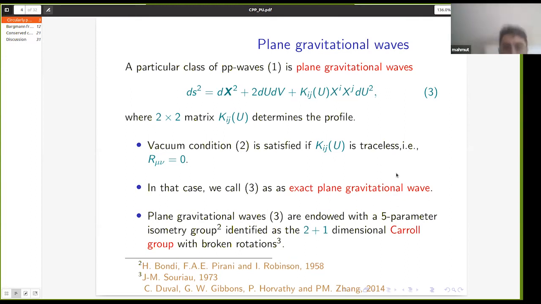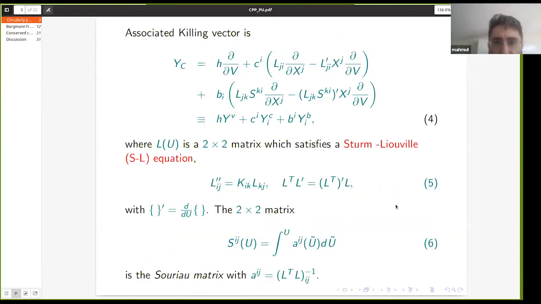The symmetry vector for any K_ij is this one. But this L matrix is K dependent, so for each K you need to solve for it. This is the generic vector with a generic expression, but for each K_ij the profile is different.